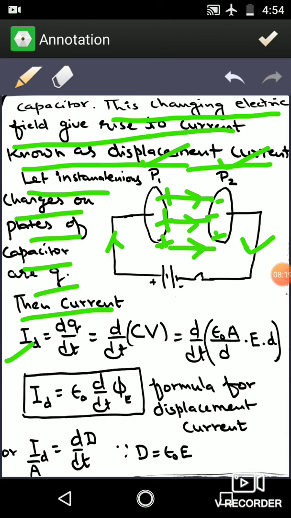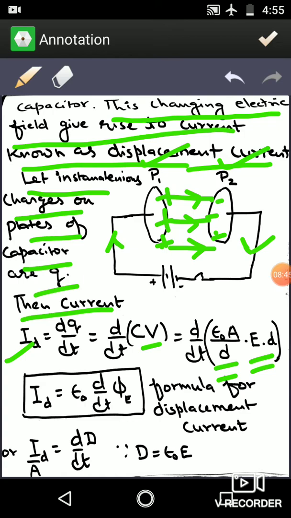Here Q is replaced by CV, Q equivalent to CV for a capacitor, and C is replaced by epsilon naught A upon d, which is capacitance of parallel plate capacitor, and V, potential difference, is replaced by E dot d, where E is electric field in between plates of capacitor, and d is the distance between plates of capacitor.